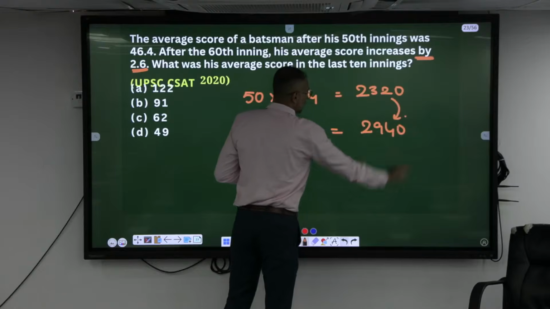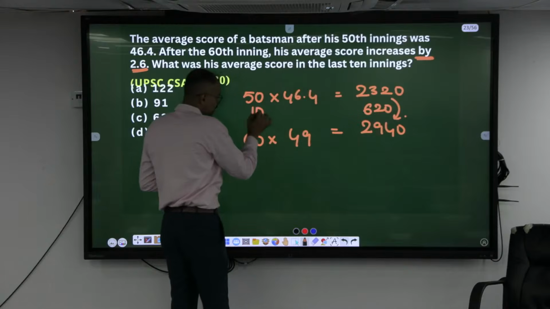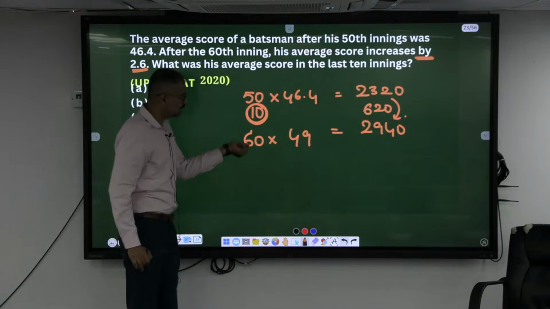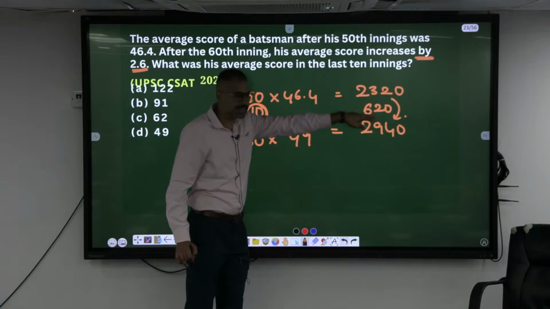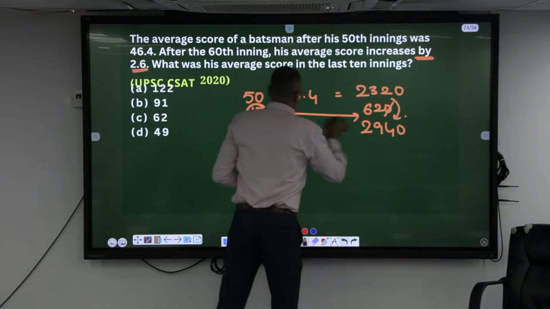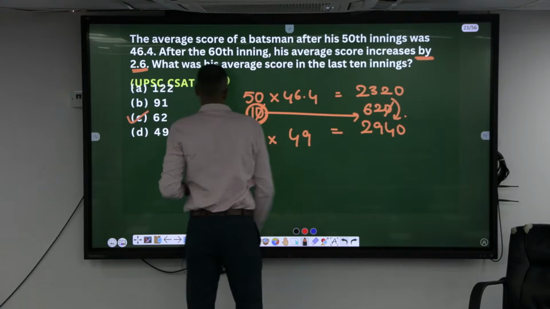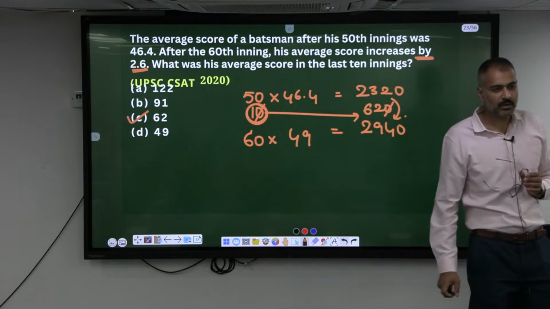So if you take the difference, how much is the difference? 620. This 620 is from how many innings? The difference between 50 and 60 innings is 10 innings, and the difference between these two scores is 620. So between the two, he has scored 620 runs. 620 runs in 10 innings means what is the average? Per innings he is scoring 62. Okay, sir.